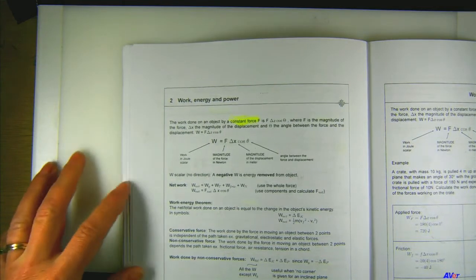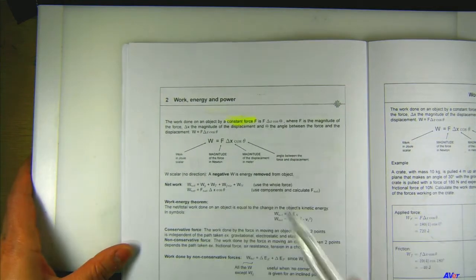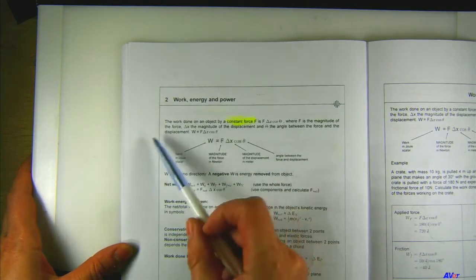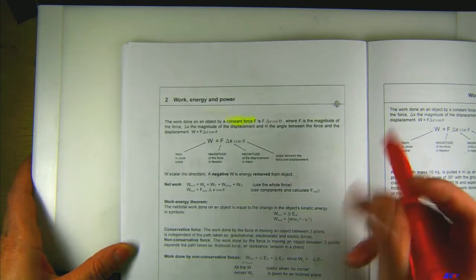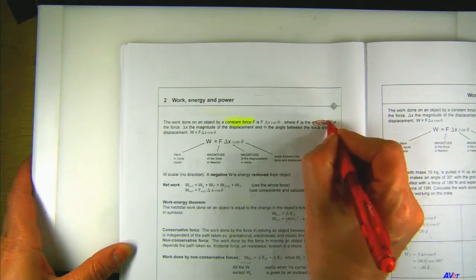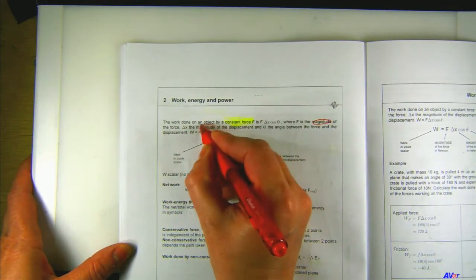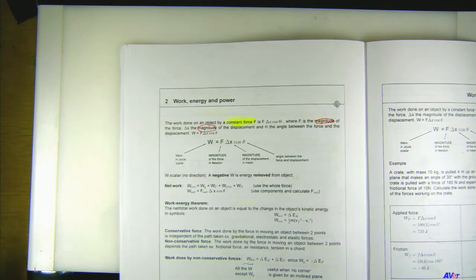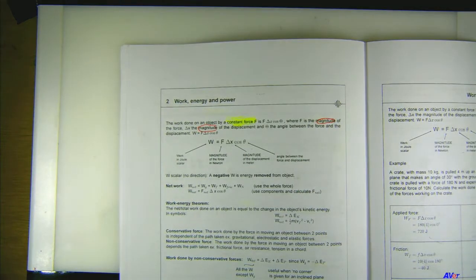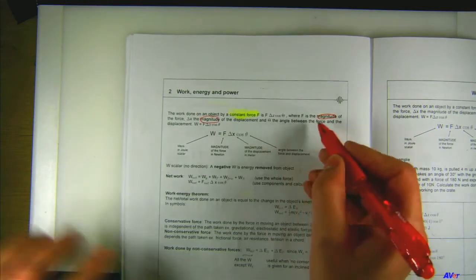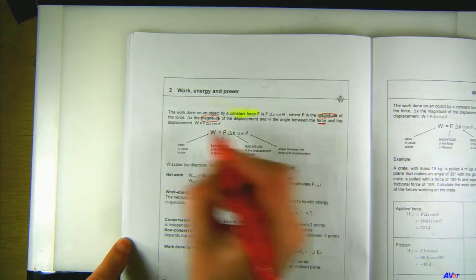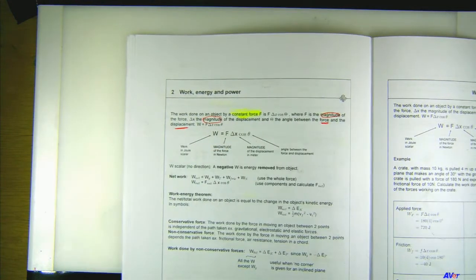Work is F delta x cos theta, where F is the magnitude of the force. There's something else that you have to look at, magnitude. Delta x is the magnitude of the displacement, and theta is the angle, and what is important, which angle? The angle between the force and the displacement.